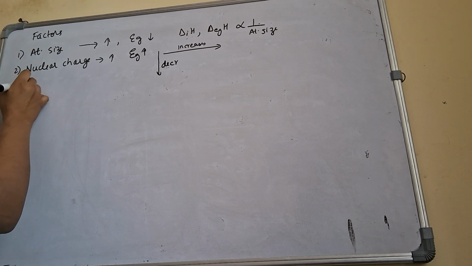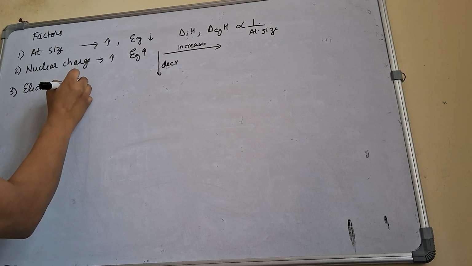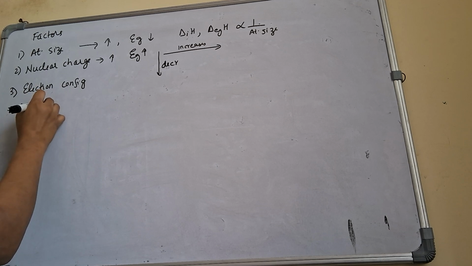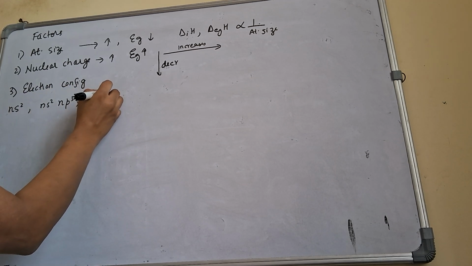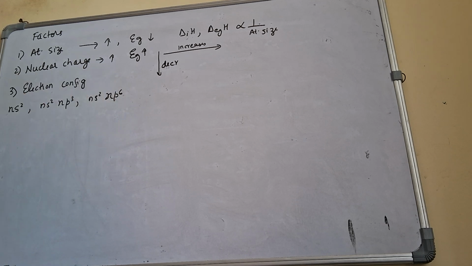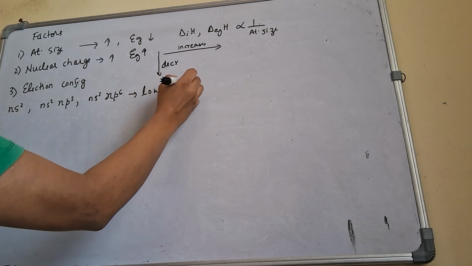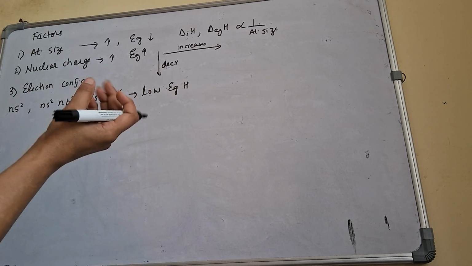And the third factor here is the electronic configuration. That also affects the electron gain enthalpy. Atoms with outermost configuration either ns2 np3, that is half filled, or ns2 np6, that is completely filled, will have low electron gain enthalpy. The reason is that they are already stable. They do not want an electron.